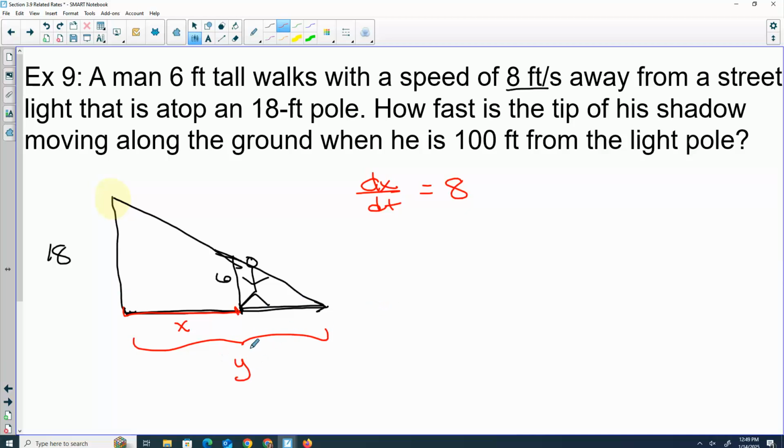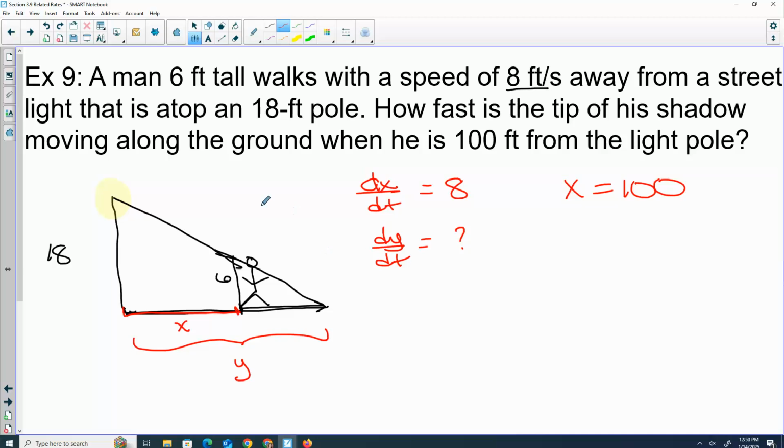You could do it the other way, but because the rate of his shadow is what I'm trying to find, I really want dy/dt. And so this is actually going to be a little bit easier later on if we set it up like this. And we know the instant we look at, x is 100.